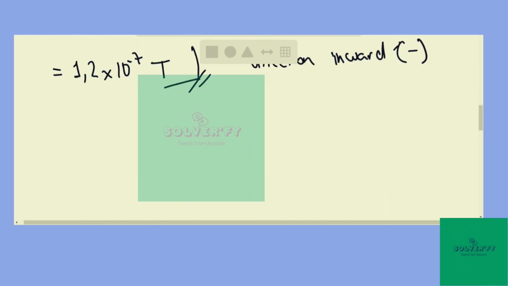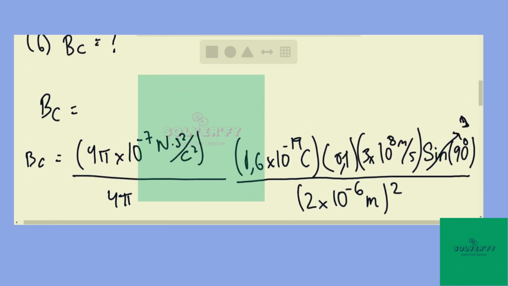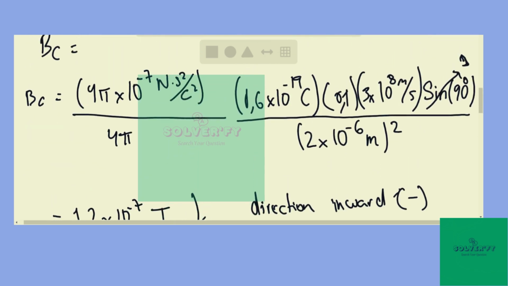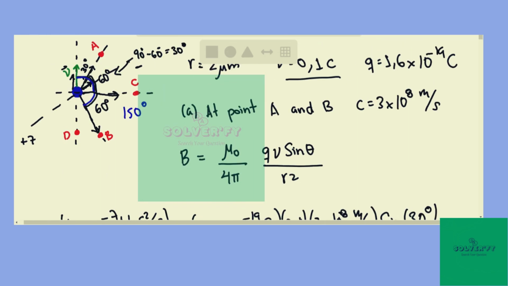And finally, part C of this problem is the magnitude of the magnetic field at the point D. We can see from the figure that to obtain the angle, we need to go from B all the way down to this point. So we know that this is 90 degrees, and then again, this is 90 degrees.